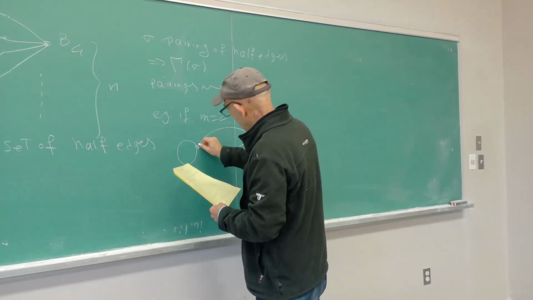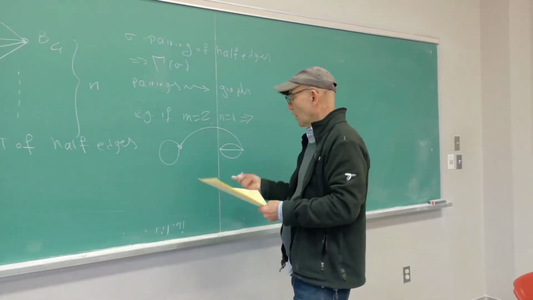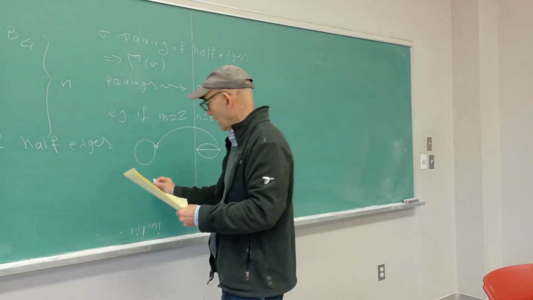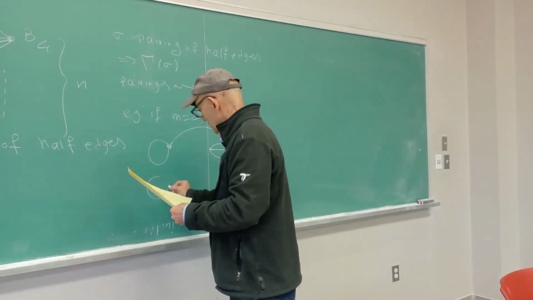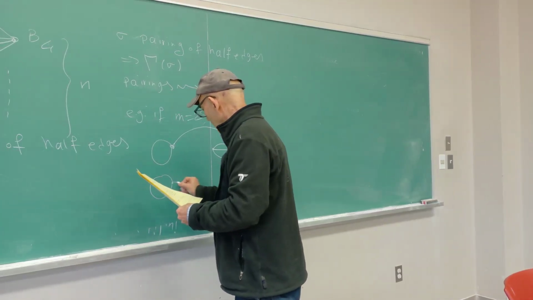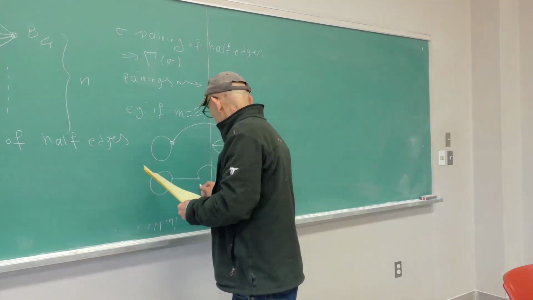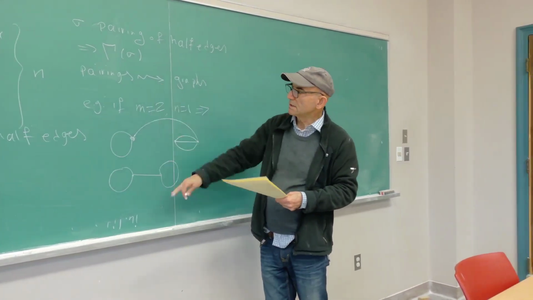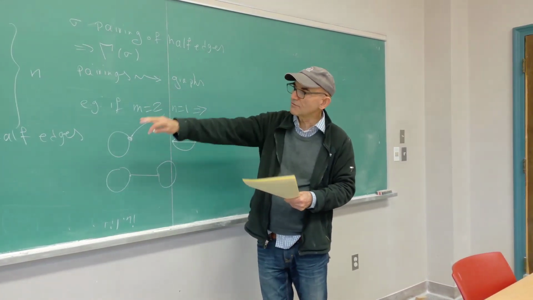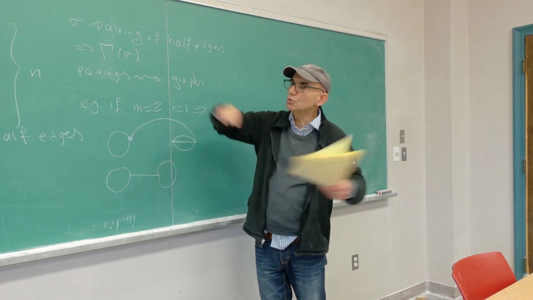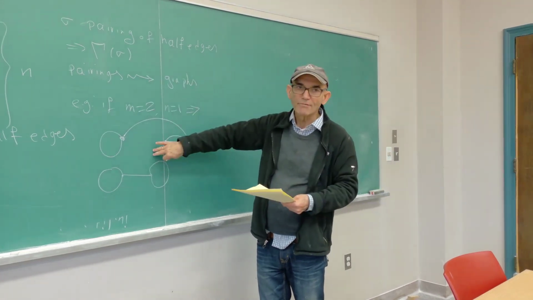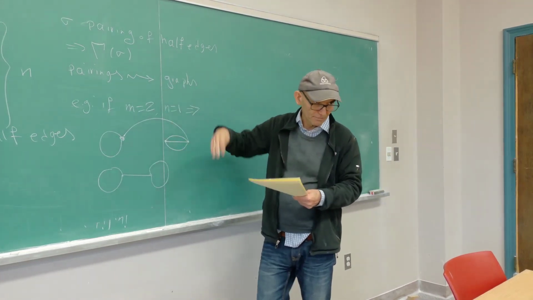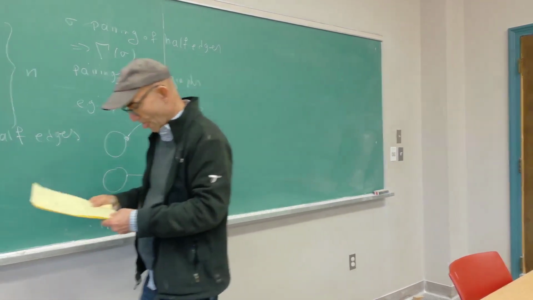This is a kind of dumbbell graph or something like that. So that's the technology that takes us from pairings, which is a huge number, to graphs, which are much fewer. And you will see what is the point of this move.